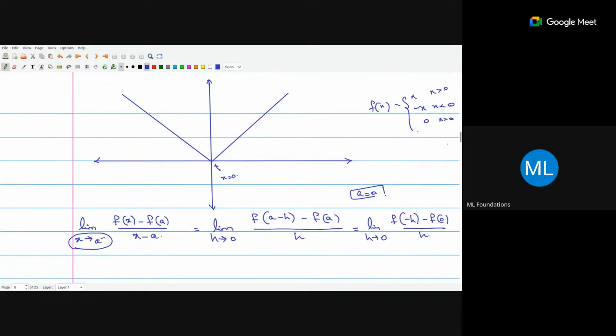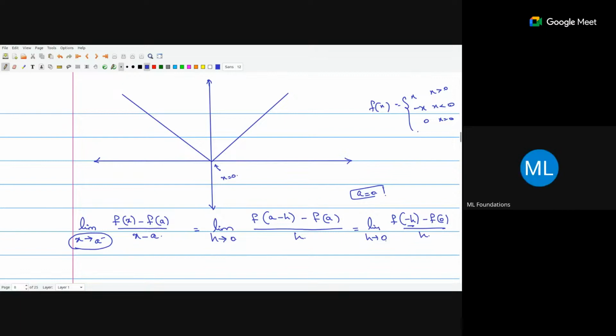So how will the function behave when x is minus h? Will it be x, will it be h, or will it be minus h? Minus x. Everyone? Yes, sir.